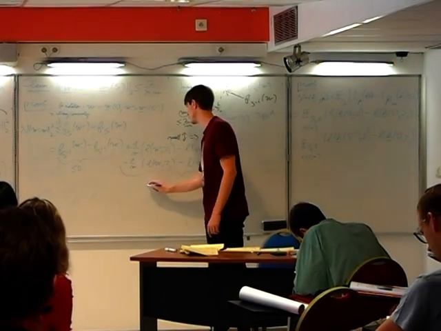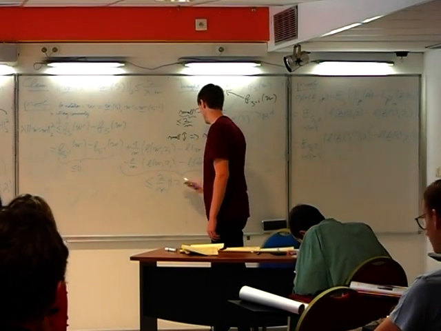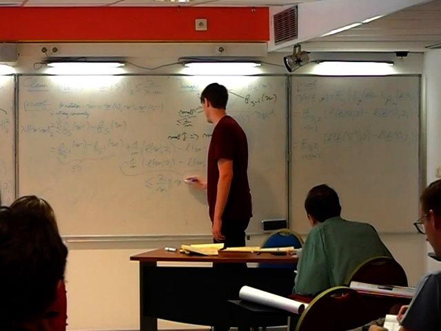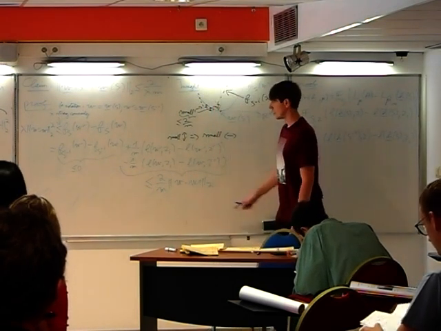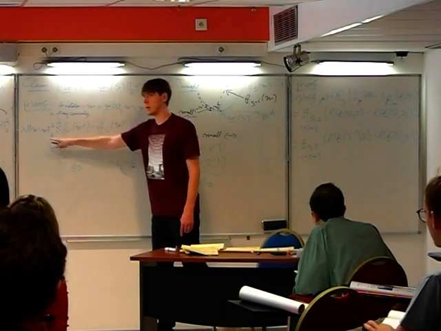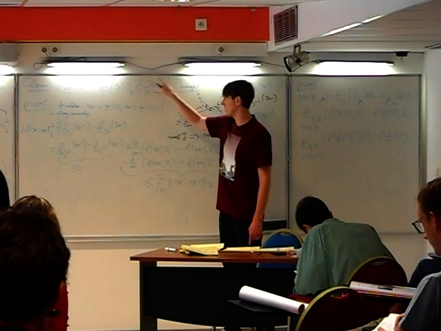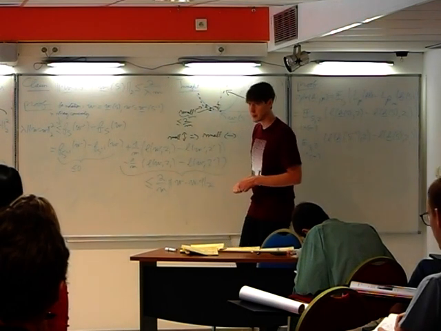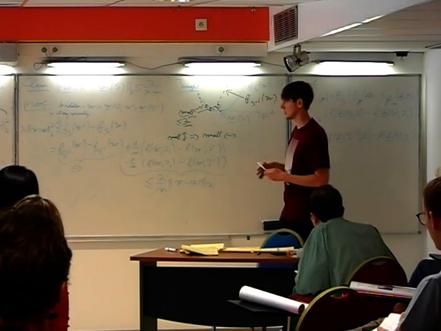So this is bounded by 2 over m times the norm of W minus W prime. So lambda times the norm squared is bounded by 2 over m times the norm. So the norm is bounded by 2 over lambda m. And these equations are nothing but the rewriting of this picture.